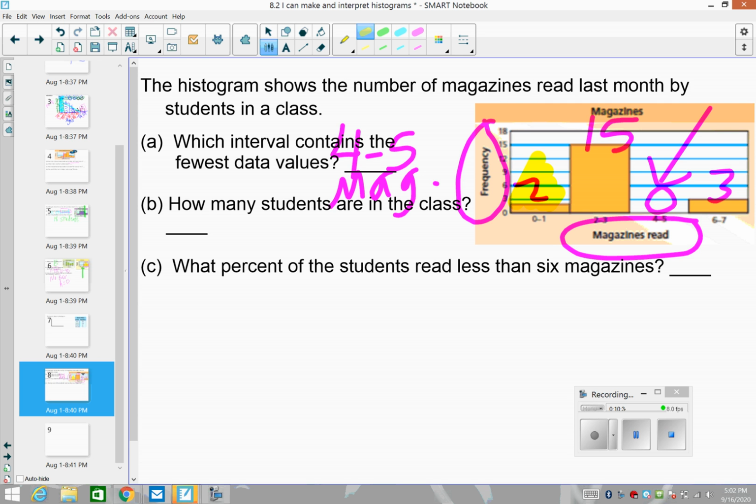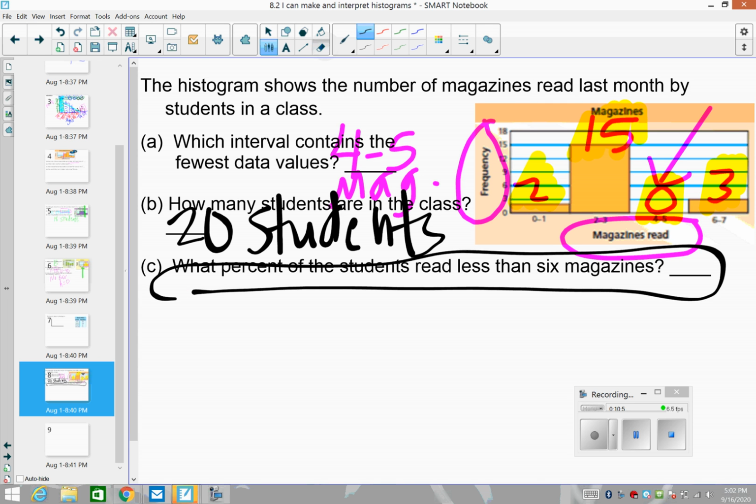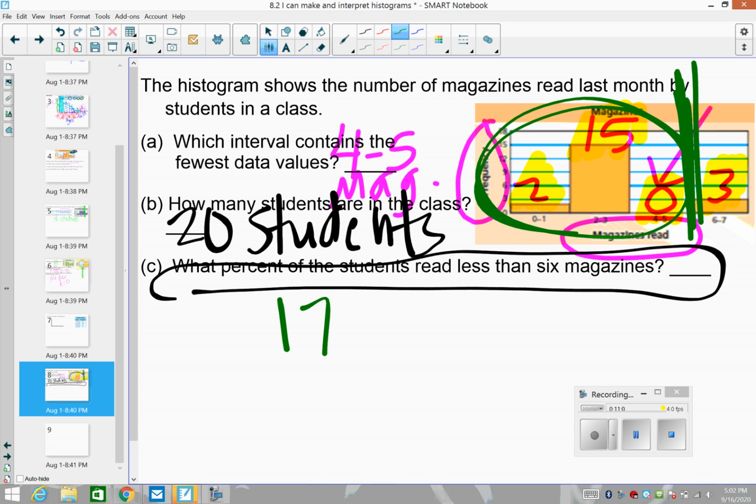Well, 2 voted for that, 15 voted for that, 0 voted for that, and 3 voted for that, which means that we have 20 students in the class. I wish 20 students. Wow, awesome. And what percent of the students read less than 6 magazines? Let's take a look at that. So less than 6. If we draw our vertical line here at 6 magazines, all of these students read less than 6 magazines. So we would say 17 students.